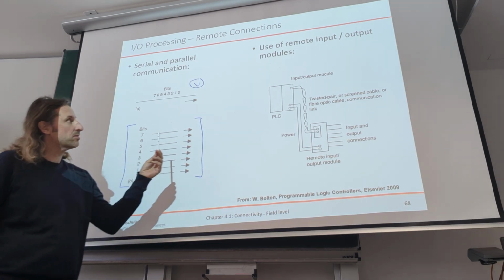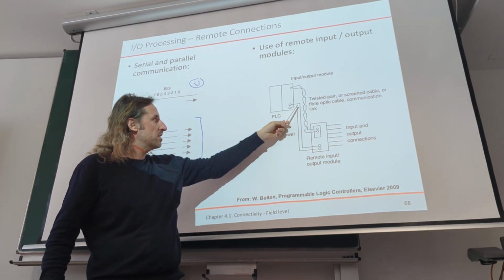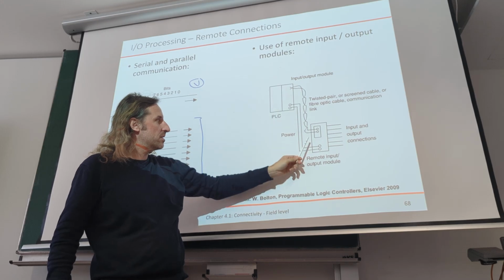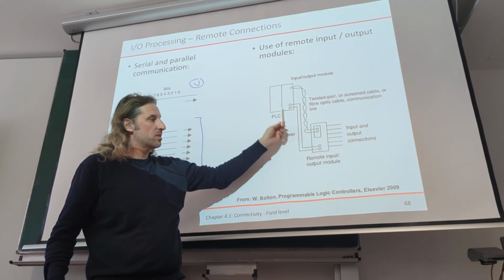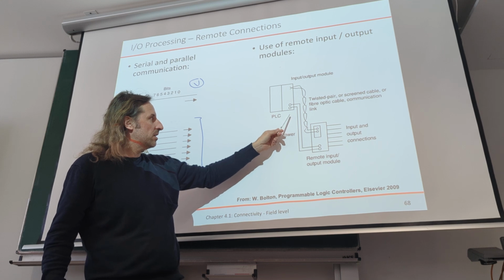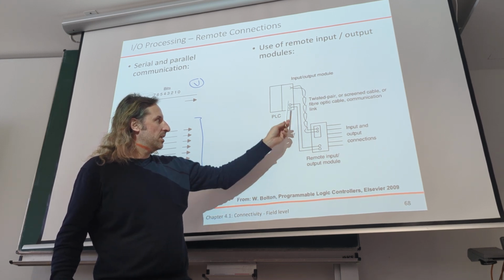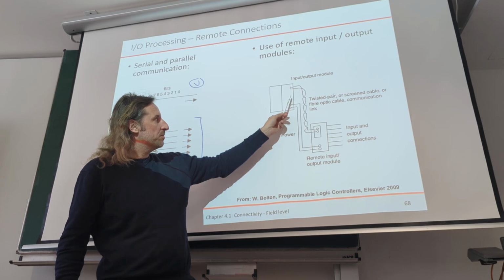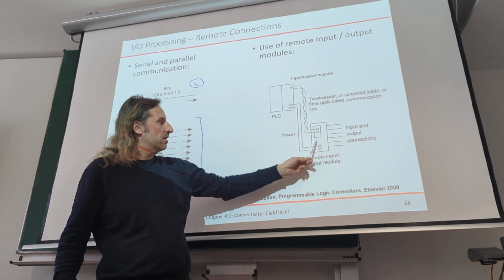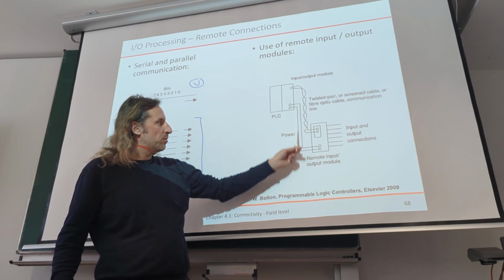And then the remote I/O, the idea basically is we want to separate the PLC and the in and outputs in terms of where they are in the machine, and that's why we typically have a serial connection towards the in and outputs, and then we have a power connection.